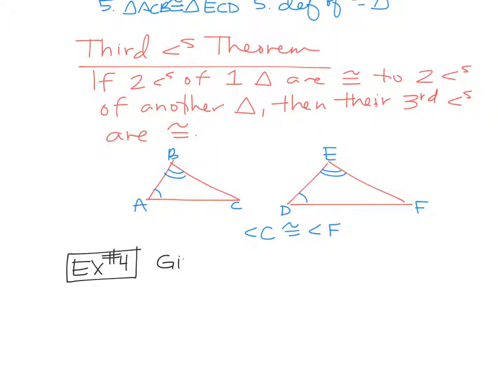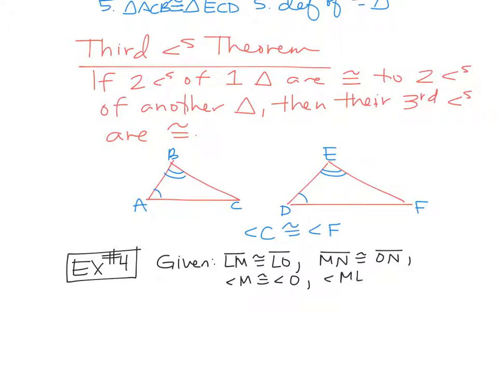It says, given that LM is congruent to LO, MN is congruent to ON, angle M is congruent to angle O, and angle MLN is congruent to angle OLN.